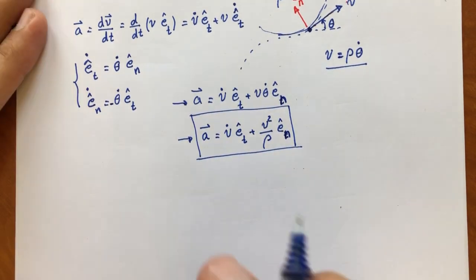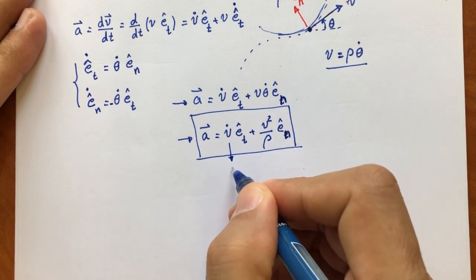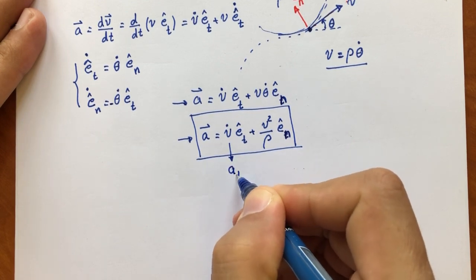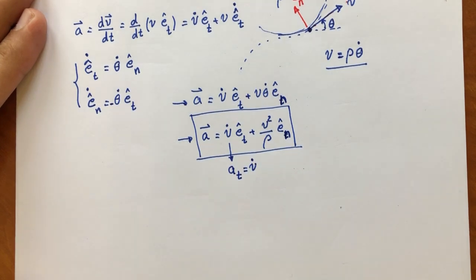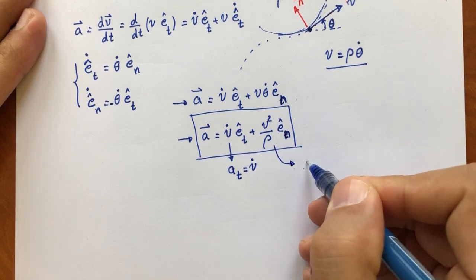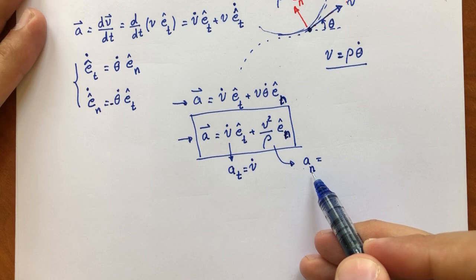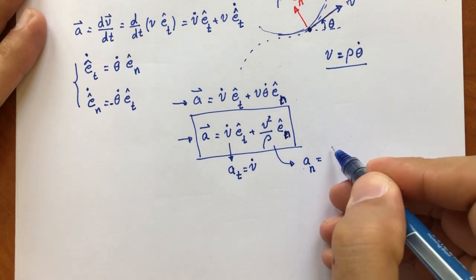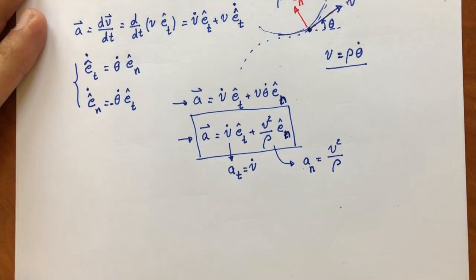So in general, we have two accelerations. One is in the tangential direction, which we show with et, and the magnitude of it is v dot, the change in the speed. The other component is in the normal direction, which we show with en, and the magnitude of that acceleration is velocity squared divided by rho.